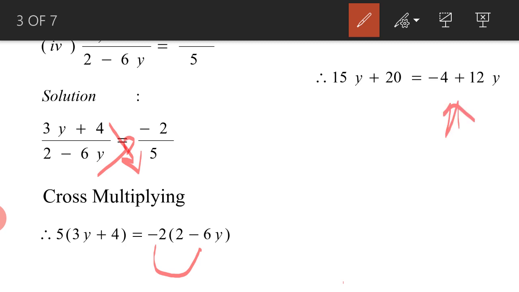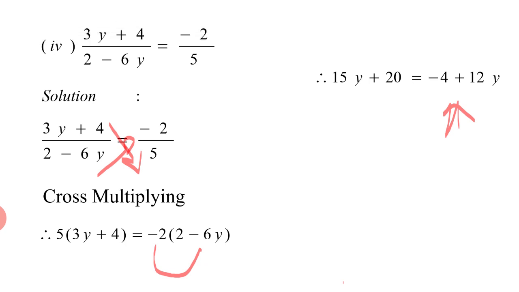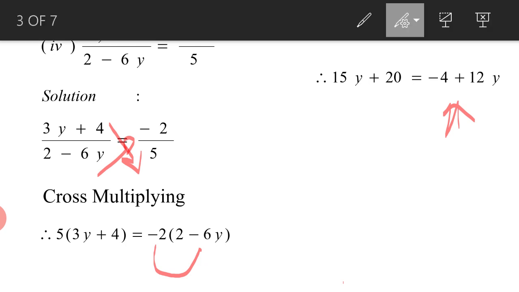Every time when we proceed to the next step, we should always check the previous step, whether it is correctly done or not. Is it okay? So now we are getting minus 4 plus 12y. Now it is very easy to simplify or solve these kinds of equations because they are linear equations.